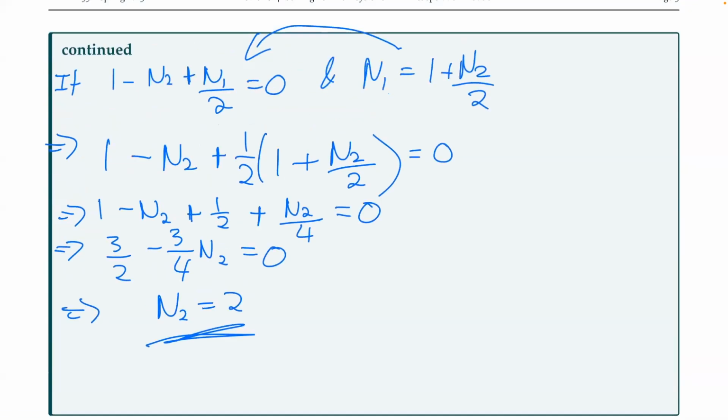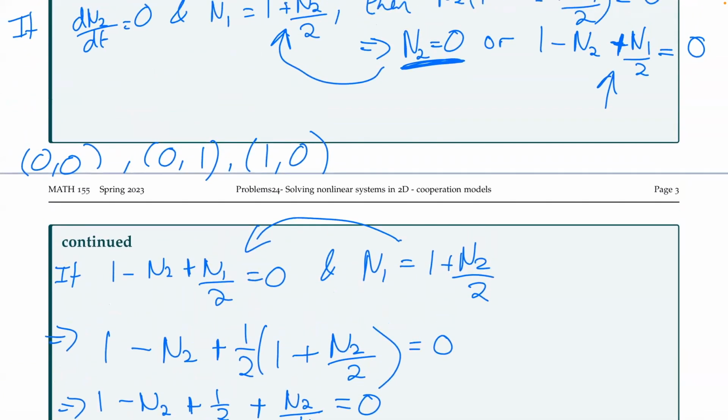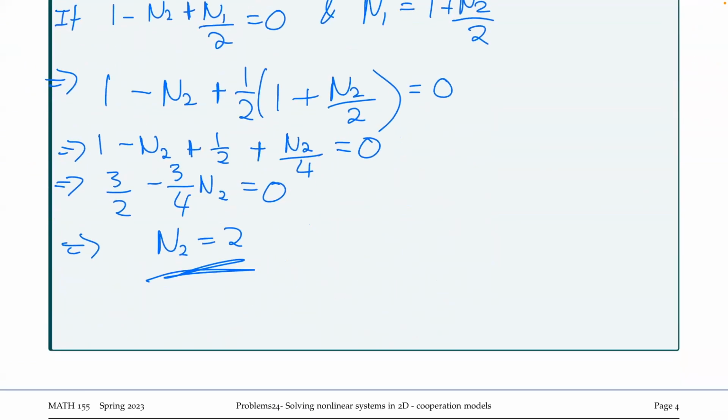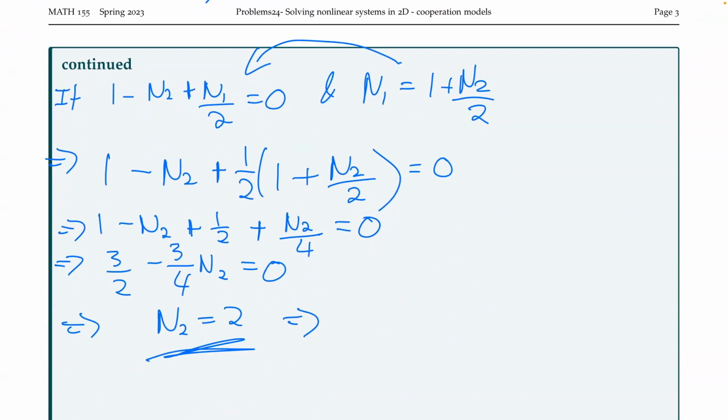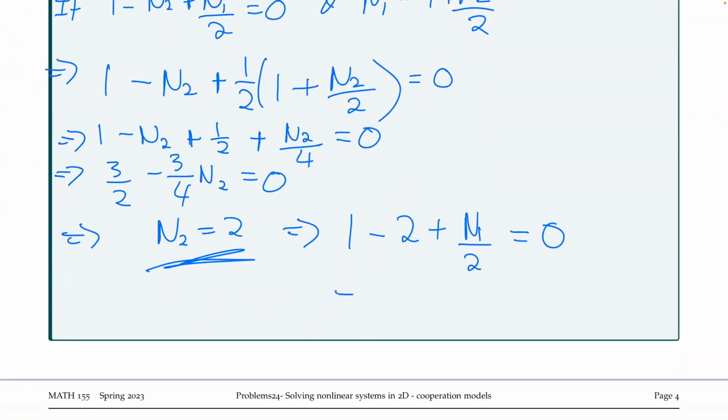If n2 is equal to 2, we just substitute it back into this thing up here. So we had 1 minus 2 plus n1 over 2 is equal to 0. We can rearrange to be n1 is equal to 2.